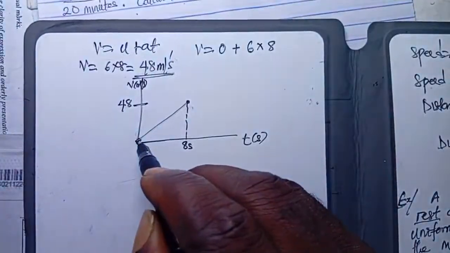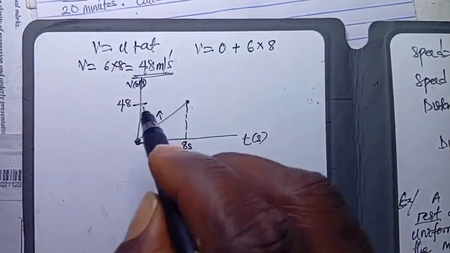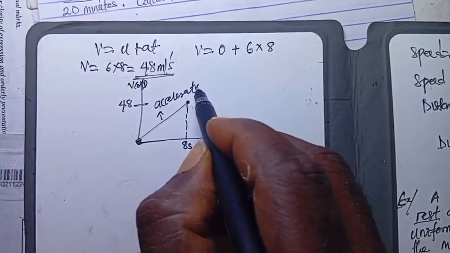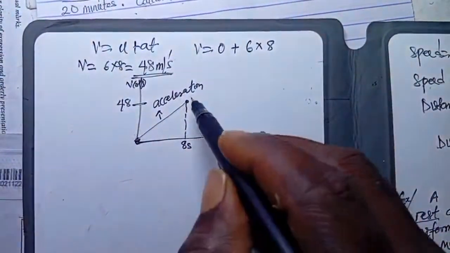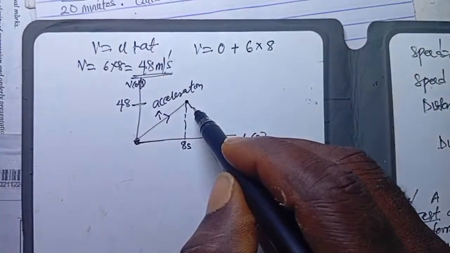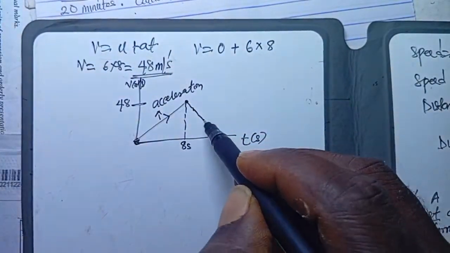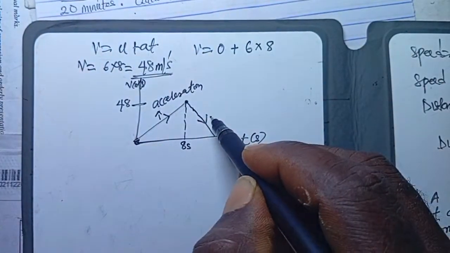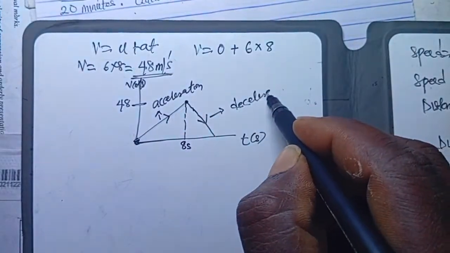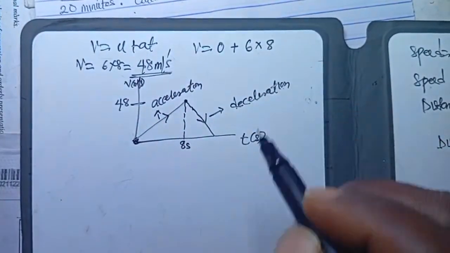This graph, we call this one acceleration. So when it's moving up, this is acceleration. When it's now moving down like this, we call this deceleration.